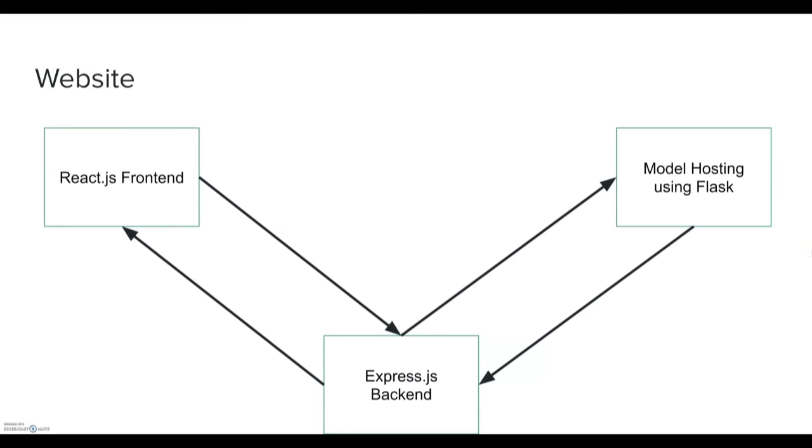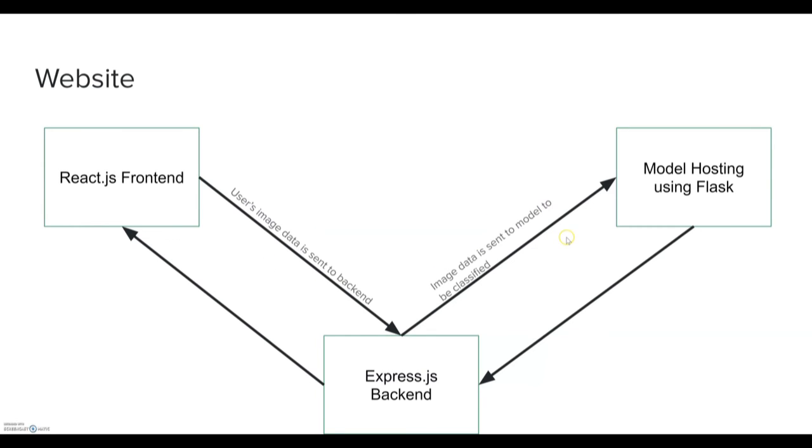To allow users and doctors to easily use GastroScan, I also created a simple website. The website consists of three main parts: the React.js frontend, the Express.js backend, and the model hosting using Flask. So once a user uploads an image to the React.js frontend, the frontend will send that user's image data to the backend, which will then send it to the model to be classified.